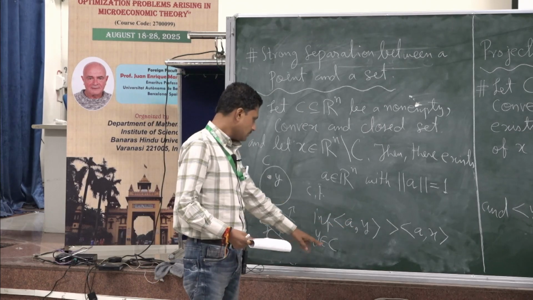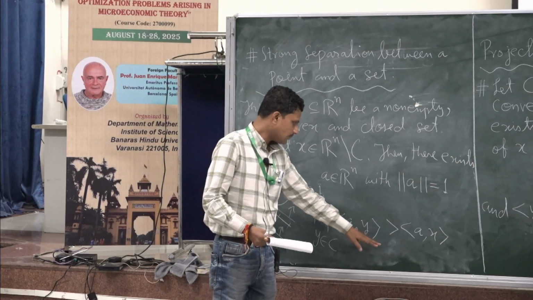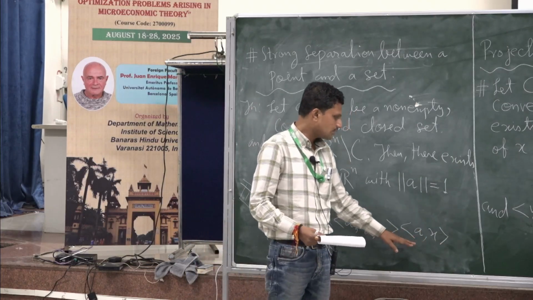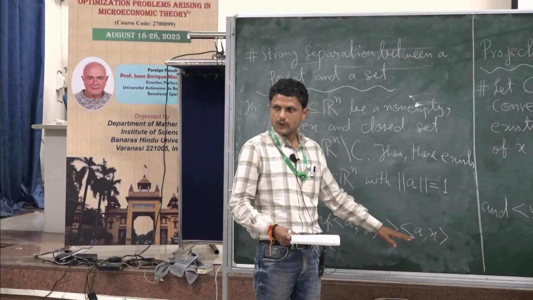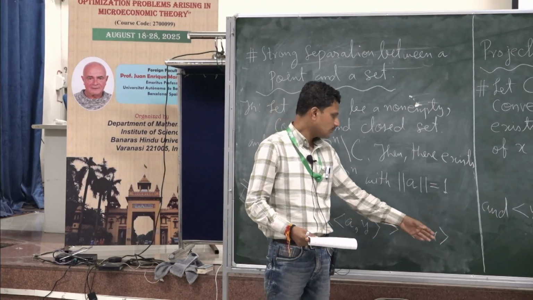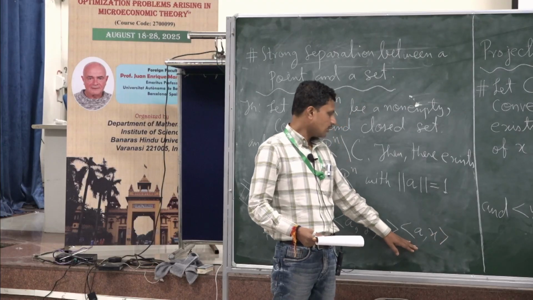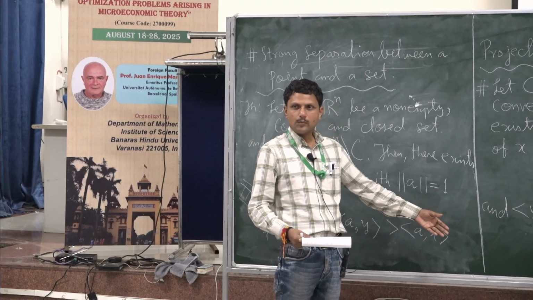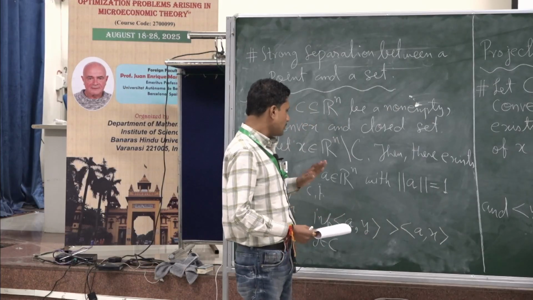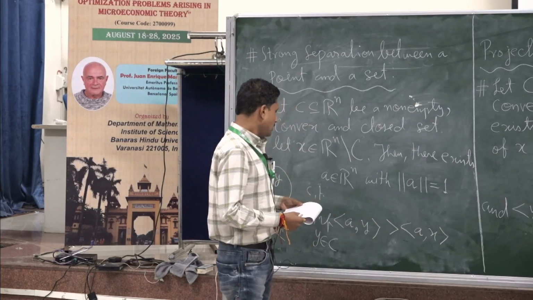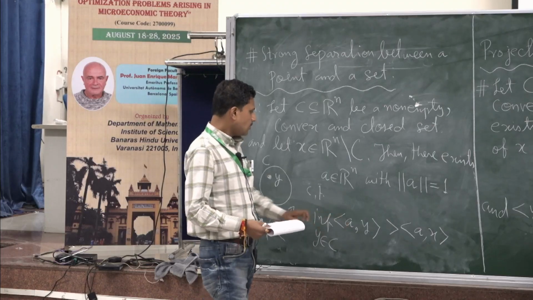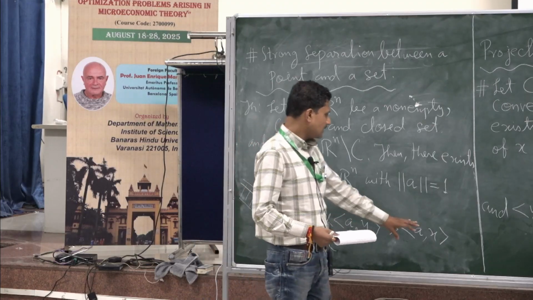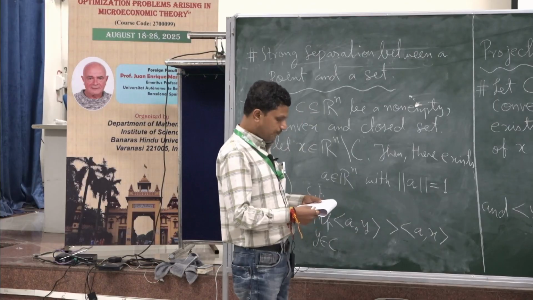This may represent a hyperplane. If we have this inner product equal to some number, it may represent a hyperplane. So if we take the infimum of this, that will always be greater than a of x, right?